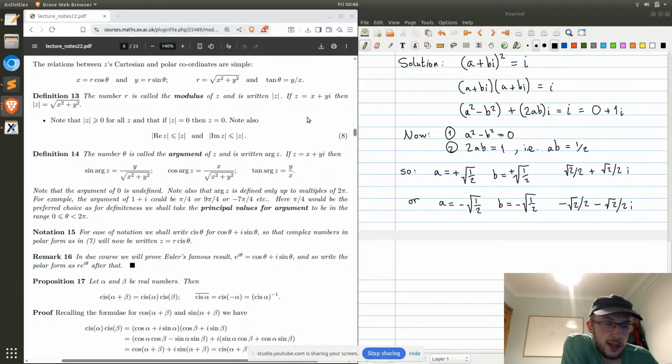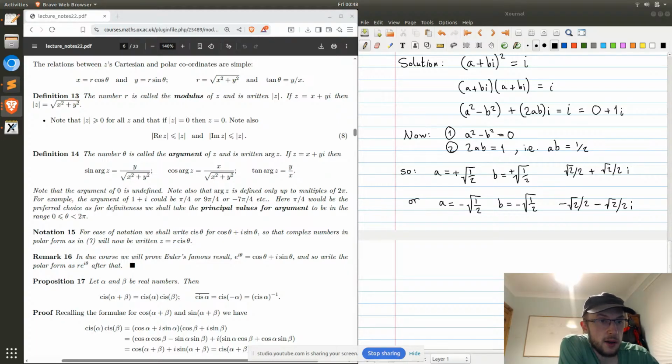Also note that the argument of z is defined only up to multiples of 2 pi. For example, the argument of 1 plus i, which we can just visualize, is pi over 4. But we could also say, but wait, isn't it also 9 pi over 4? Or possibly negative 7 pi over 4?